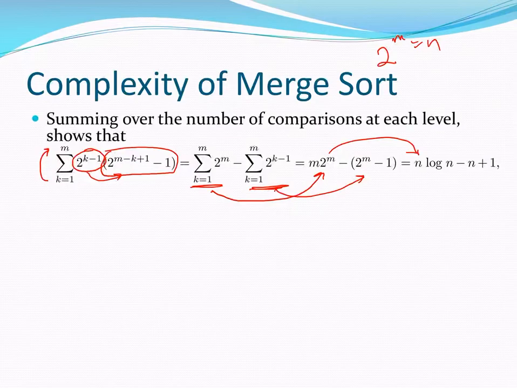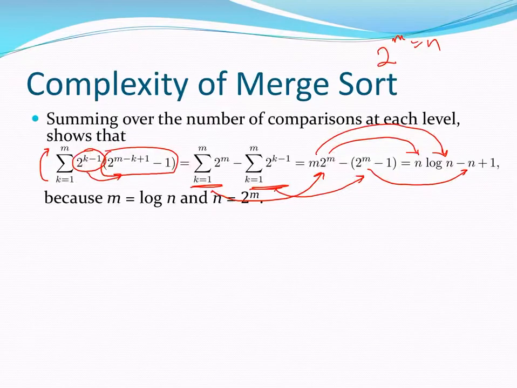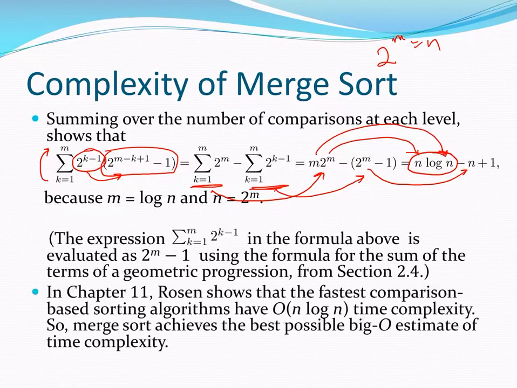And log of n equals m, so I can replace m with log n. And this will also get replaced with n. And there's my justification. The fastest growing term in this expression is n log n.